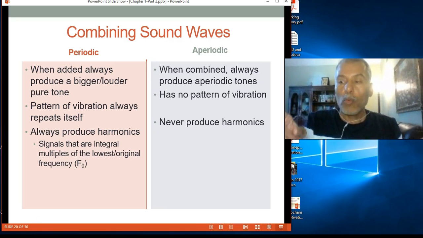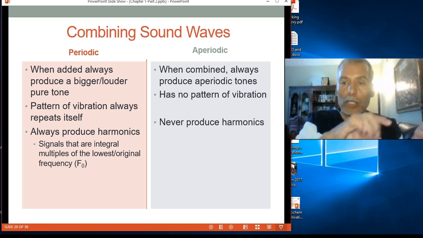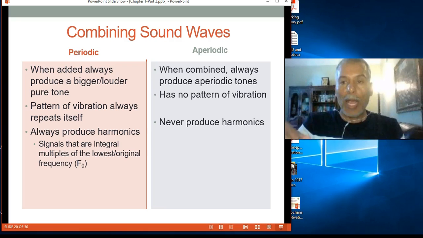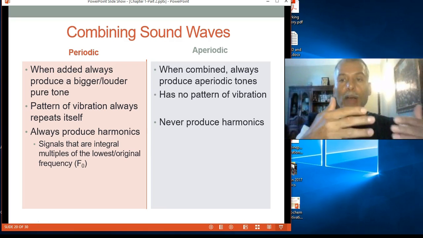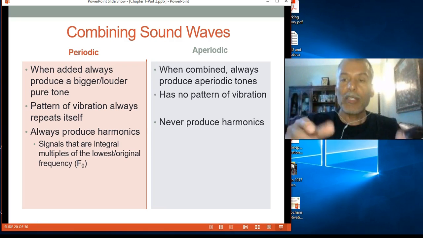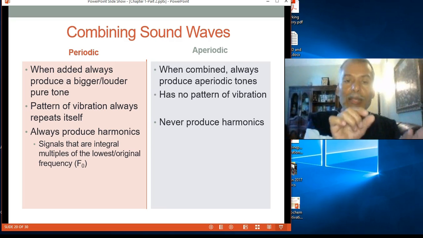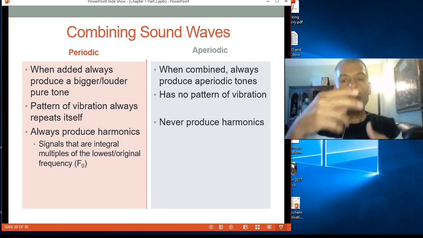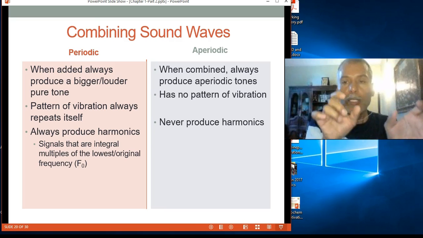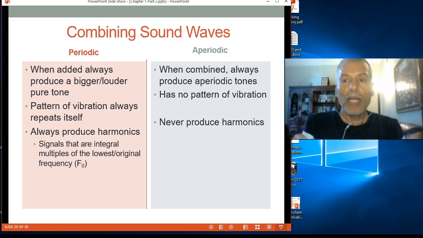So the whole string will be 4 little pieces vibrating. And it repeats again. It will make 5 pieces, 6 pieces, 7.